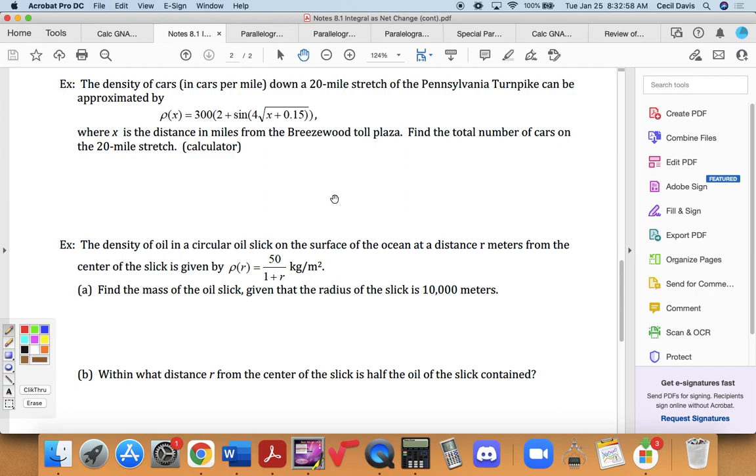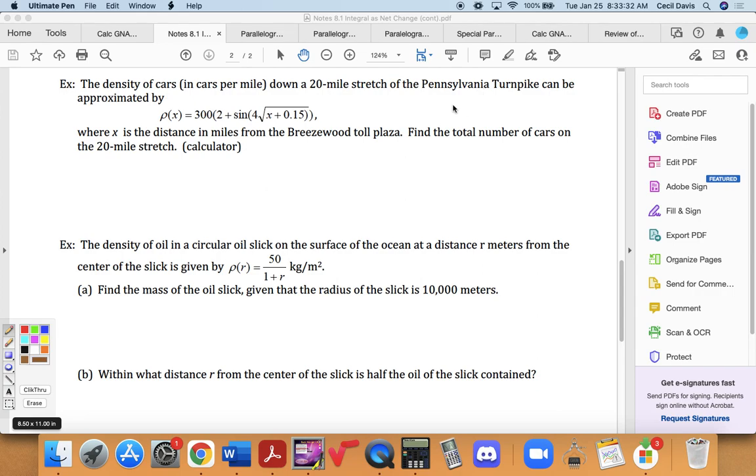Rho of x is equal to 300 times 2 plus sine of 4 square root of x plus 0.15, where x is the distance in miles from the Breezewood Toll Plaza. Find the total number of cars on the 20-mile stretch. Who is this for? Traffic engineers. Yeah. Kind of an ugly equation.